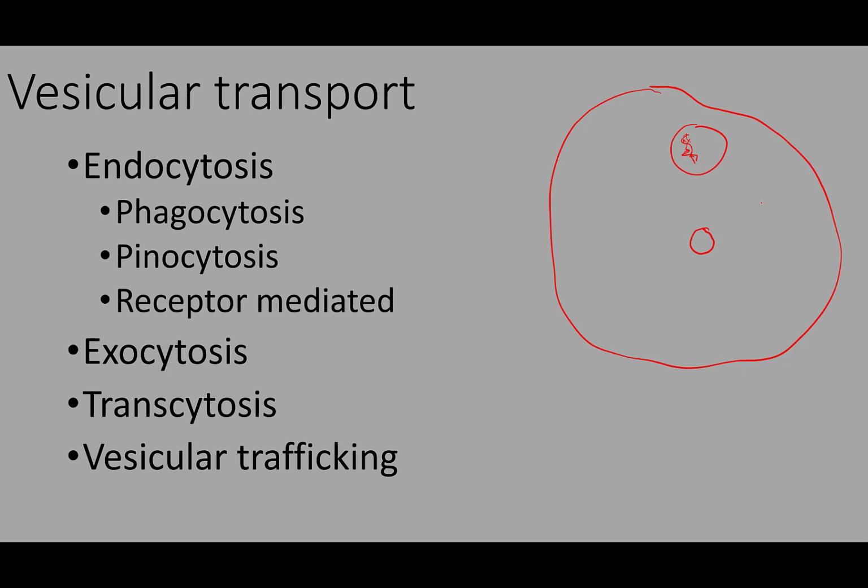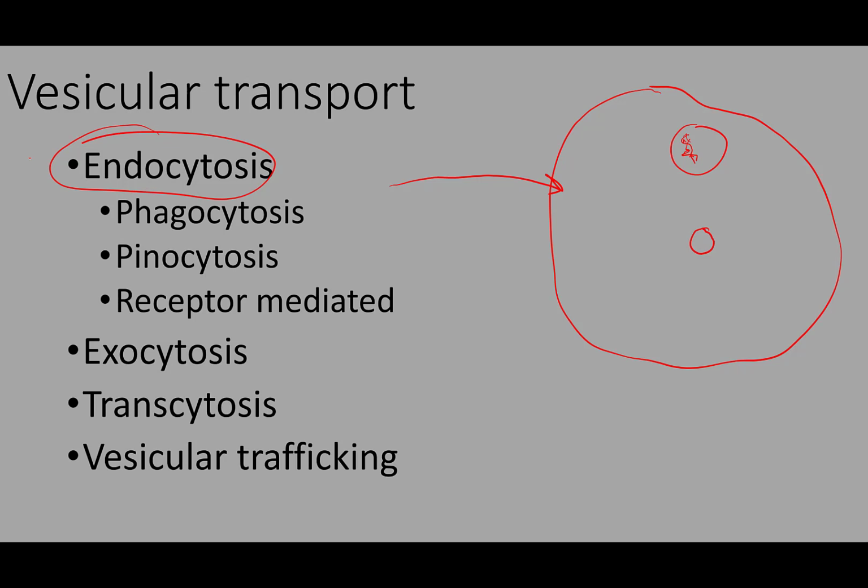Things that move into a cell sometimes will create vesicles. Not always, but sometimes. When something moves into a cell, the term for that is endocytosis.